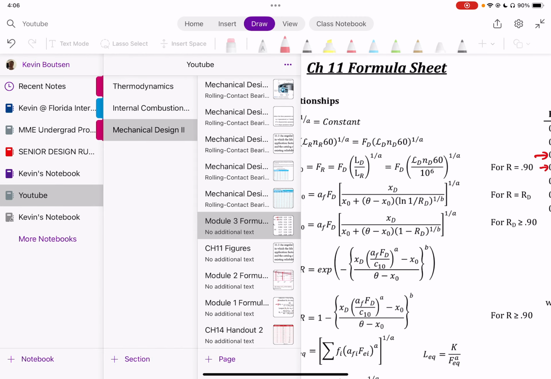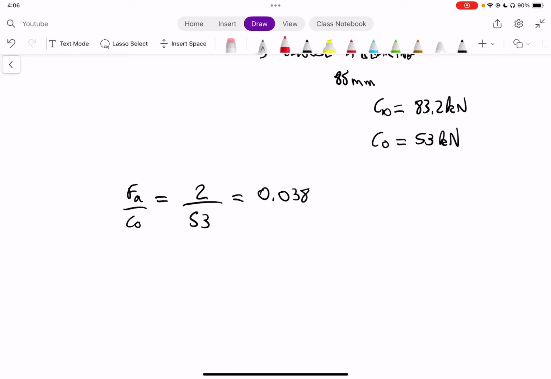Okay, so going back to our notes, we can say that E is equal to 0.23 from formula sheet.